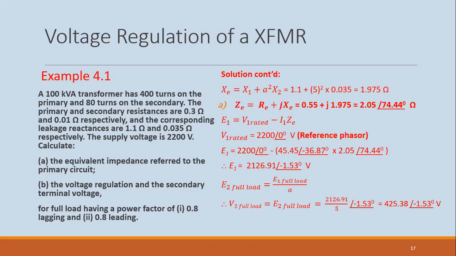Yes, sir, getting the solution now. All right. So if you divide that 1889 by the turns ratio, you will get what E2 is equal to.